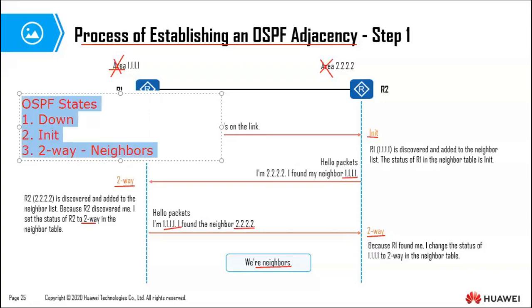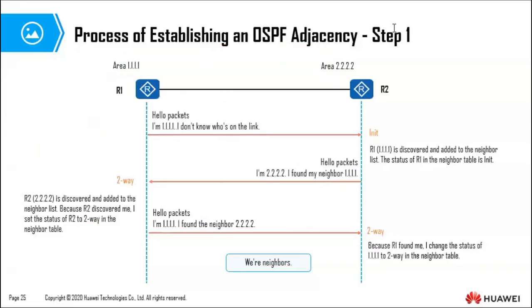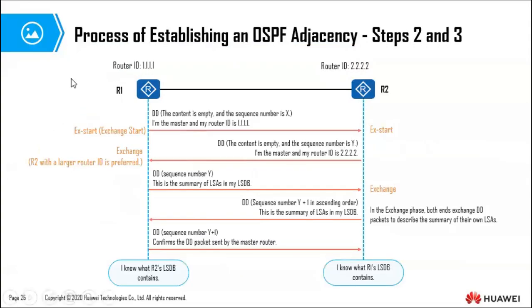So let me copy that. Okay. So step 2 and step 3. So here we're just looking at going forward. So after we have become neighbors, what else can we do? Okay. So here we are going to meet two.